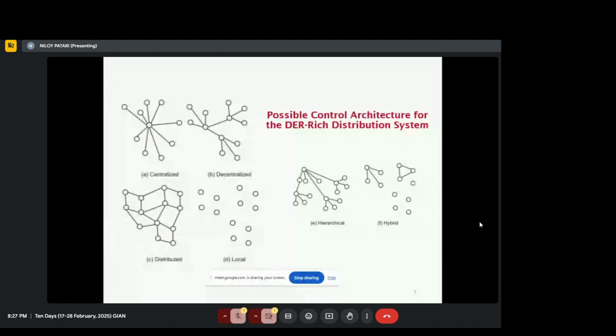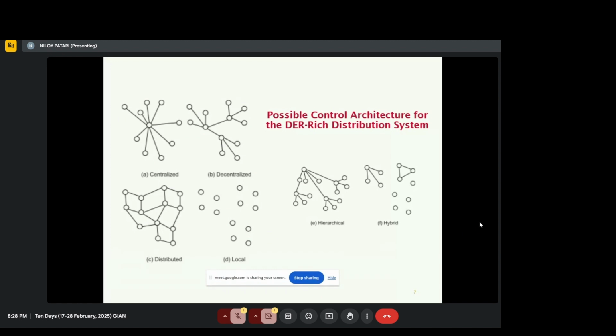Now, for this you should have a dedicated communication architecture, a very extensive communication infrastructure.